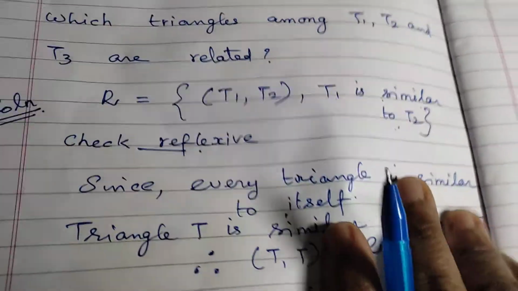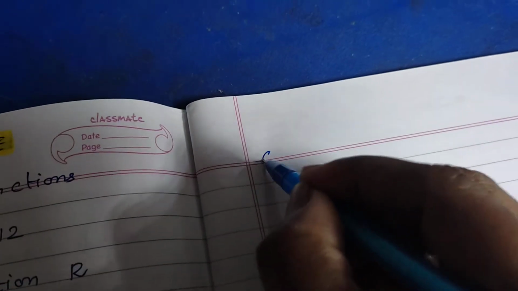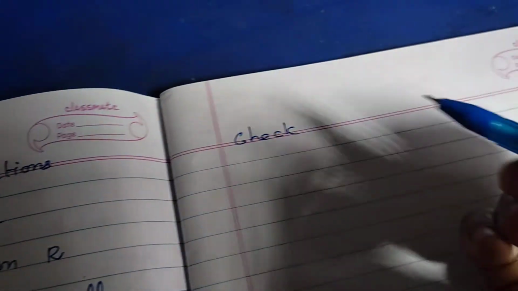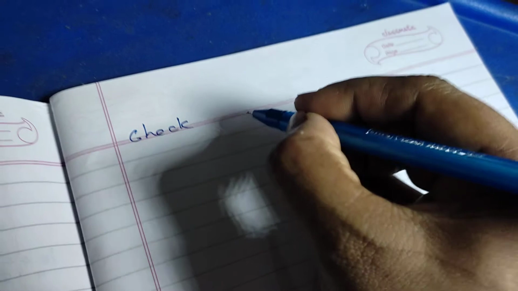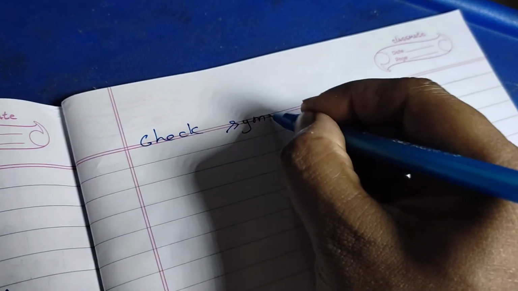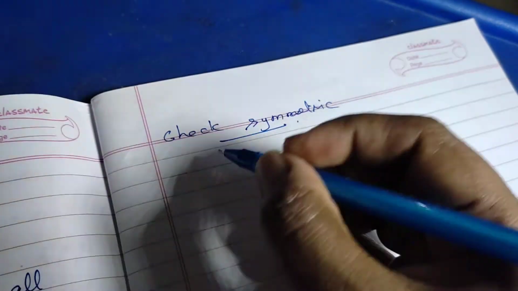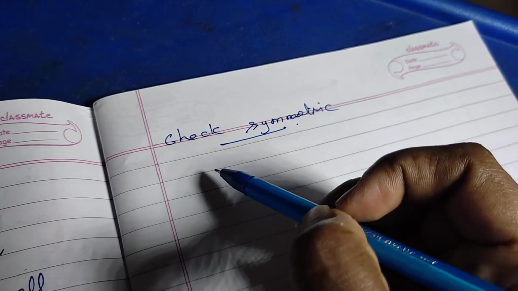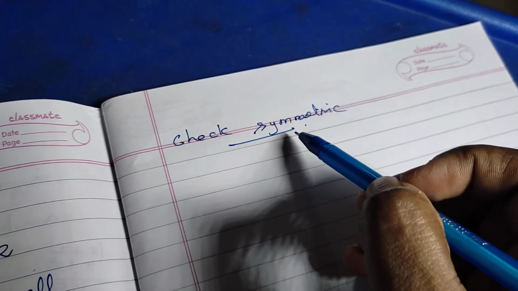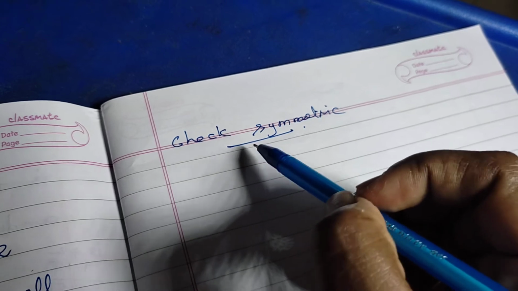Now the second property, check symmetric. Here we assume that T1 is similar to T2.